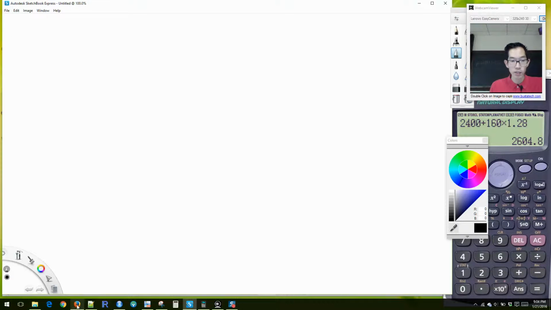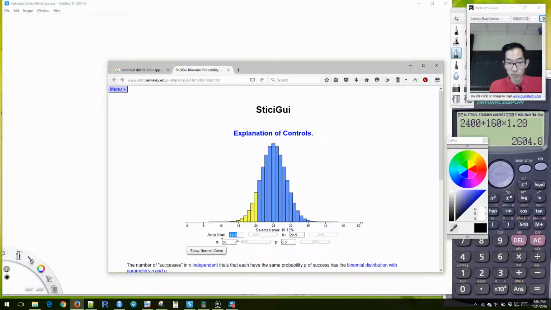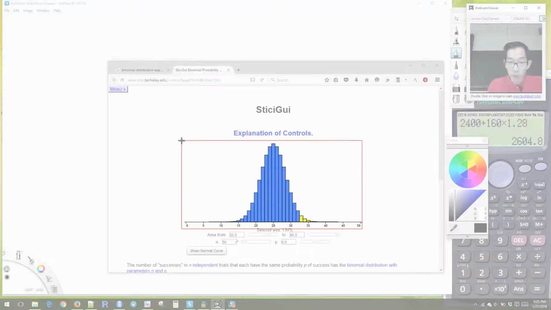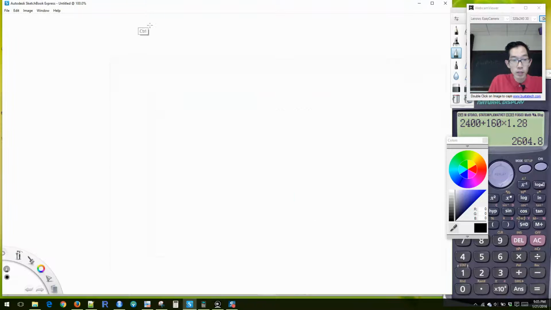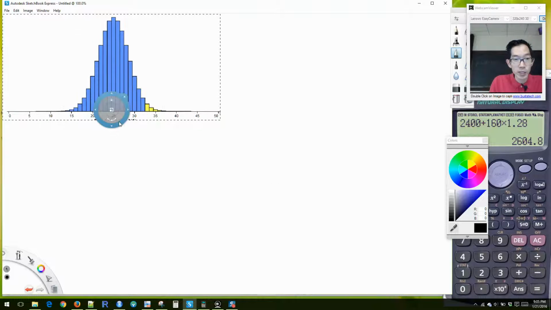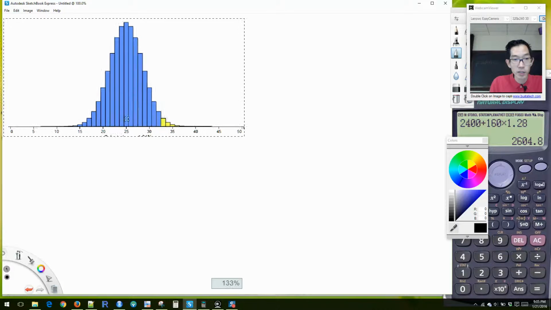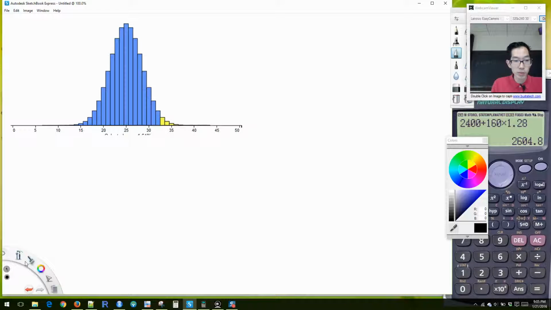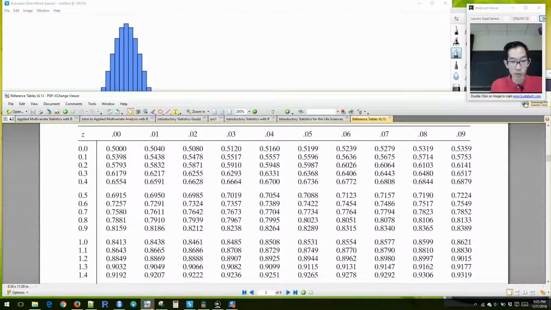Okay, so this is what the binomial distribution looks like, and we're going to approximate it with the normal distribution.